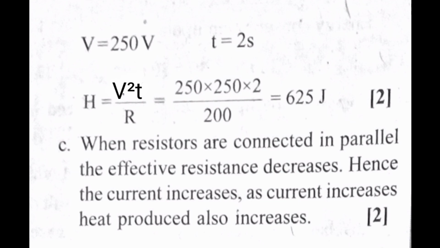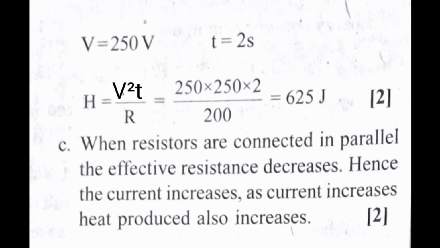What will happen to the effective resistance? Yes, the effective resistance will decrease, right? If the resistance decreases, what will happen to current? The electric current I is equal to V by R. If R is less, the current will increase, right? And as the current increases, what will happen to heat energy? Here we have H is equal to I square R t. That means as the current increases, the heat energy also will increase, right?